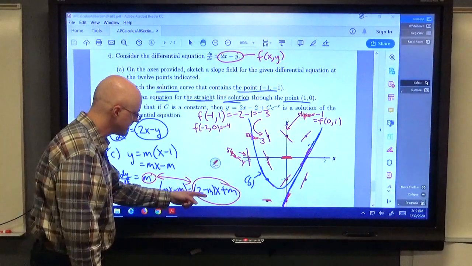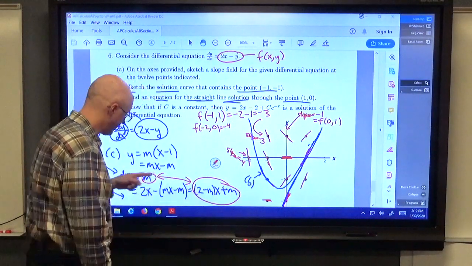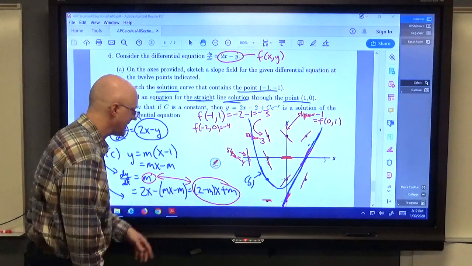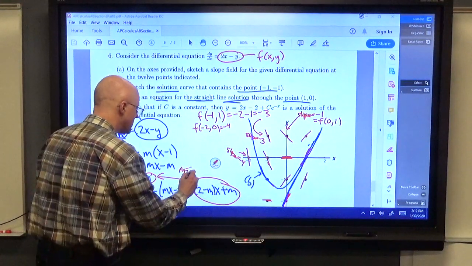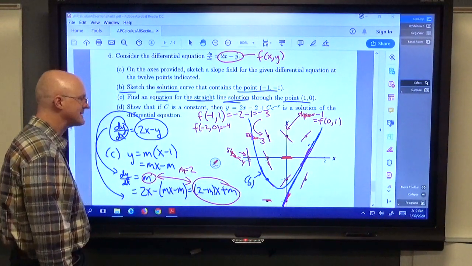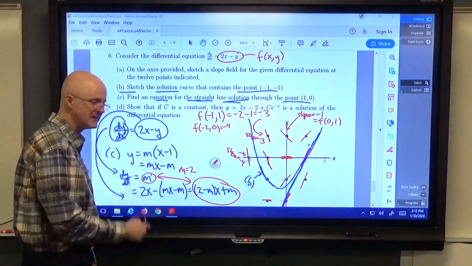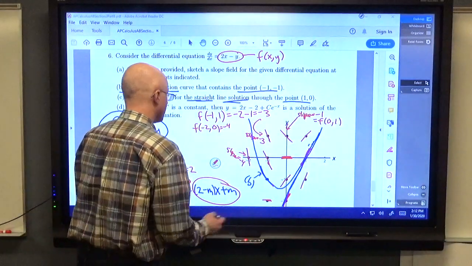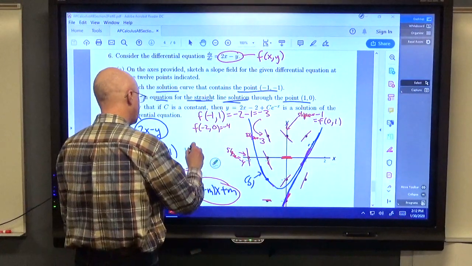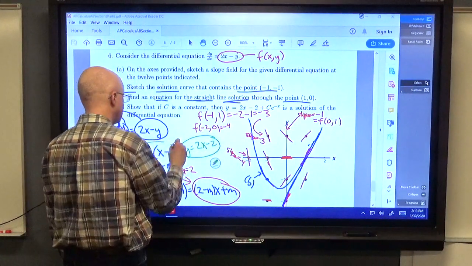That's a linear function. This coefficient goes away if m is 2. This constant equals that constant no matter what m is. But to make this part go away, m has to be 2. Just like we guessed from the picture. So the answer to part C is this function with 2 in place of m. Y equals 2x minus 2 is the answer to part C.